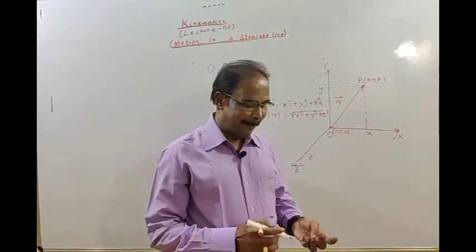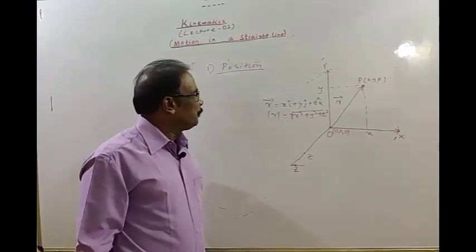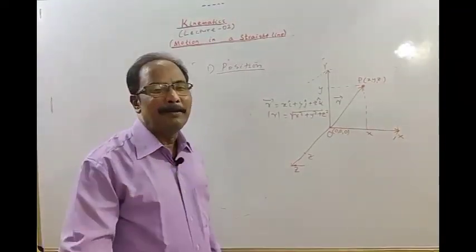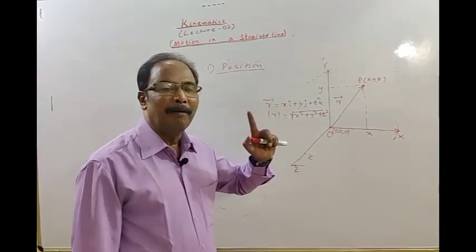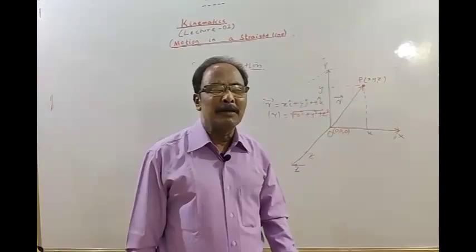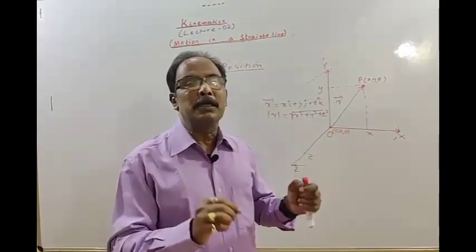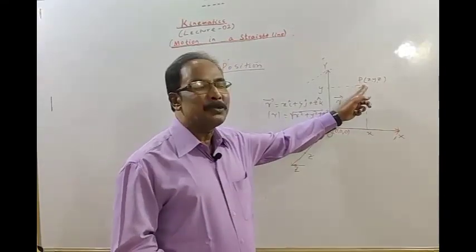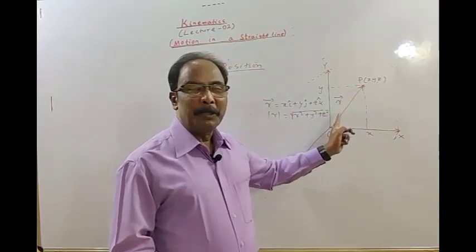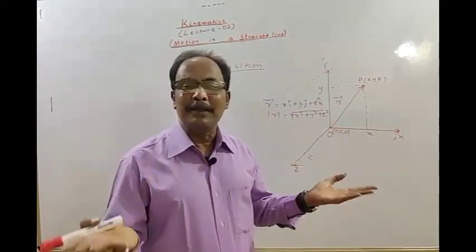In vectors you have studied this. This is about position. Position depends upon the origin, upon the reference point. The position vector changes, or position changes, as it is a vector, either through a change in magnitude, meaning the length of the position vector changes, or through a change in direction.